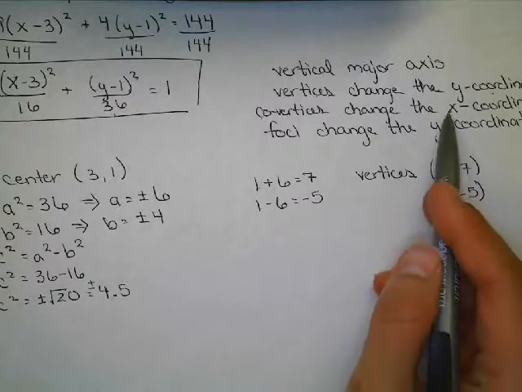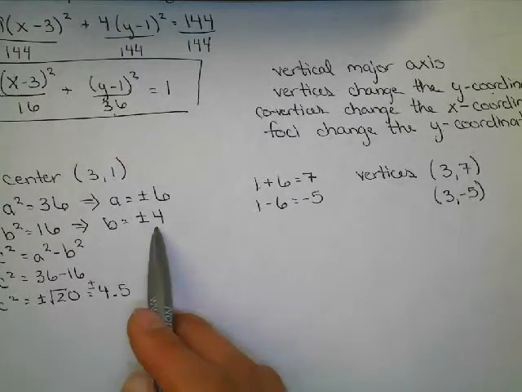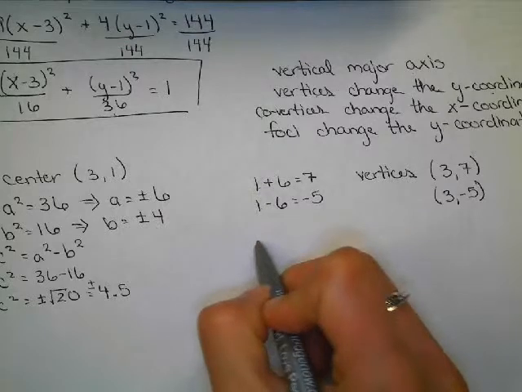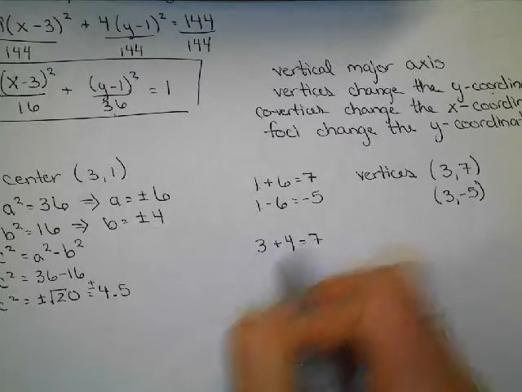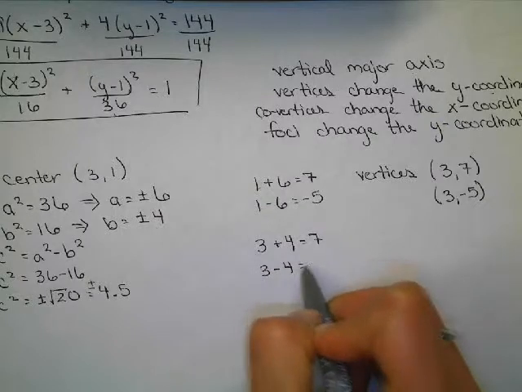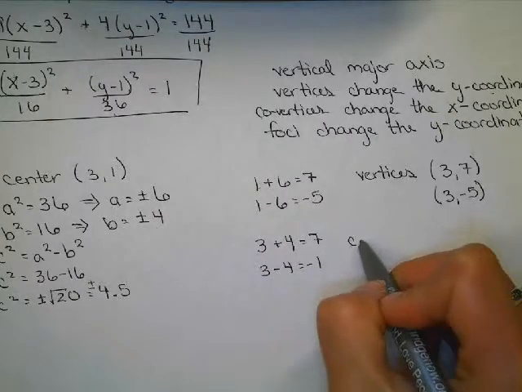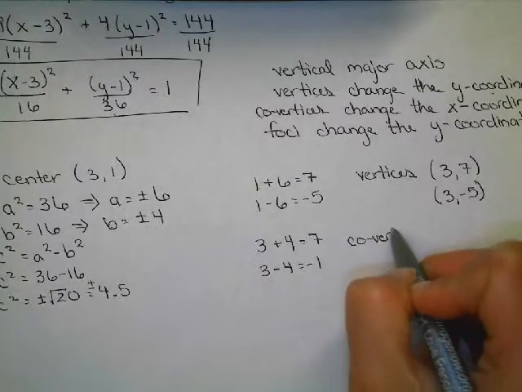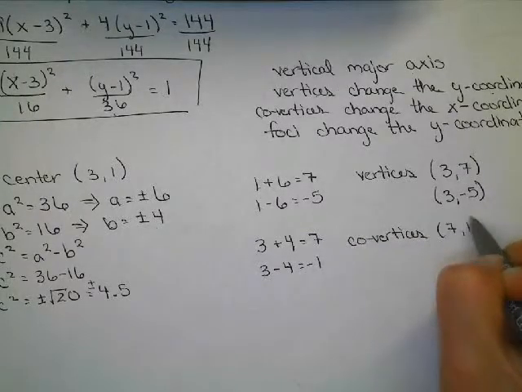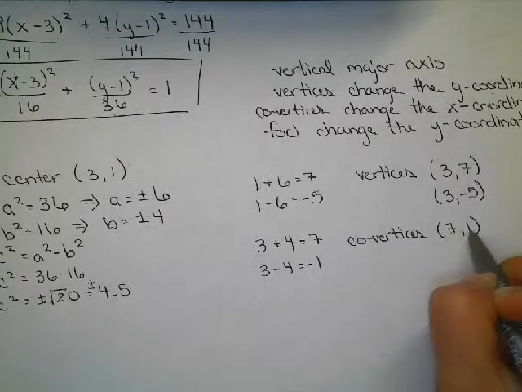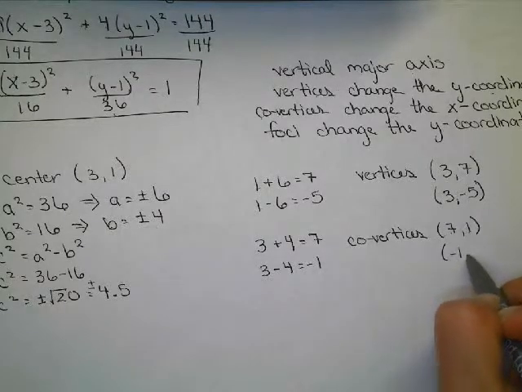Co-vertices change the x coordinate, and the co-vertices always go with the b. So I'm going to take 3 plus 4, which is 7, and 3 minus 4, which is negative 1. So my co-vertices will be at 7, comma 1, and negative 1, comma 1.